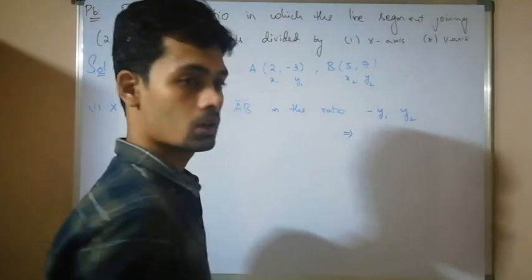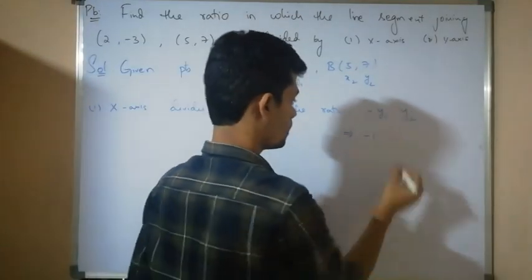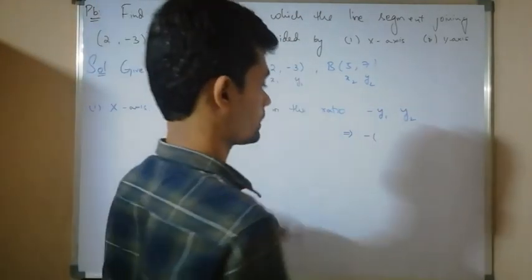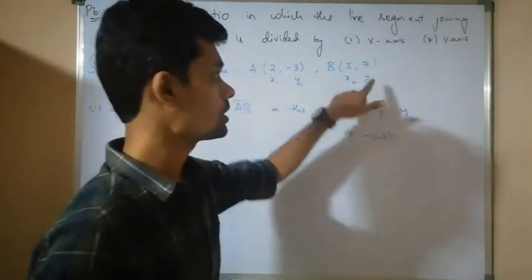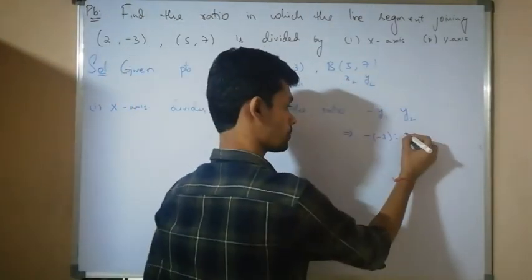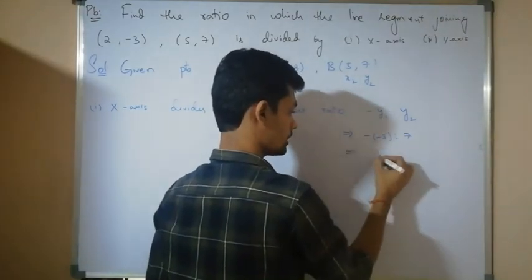This implies minus, what is y1? Minus 3, is to, what is y2? 7. This implies 3 is to 7.